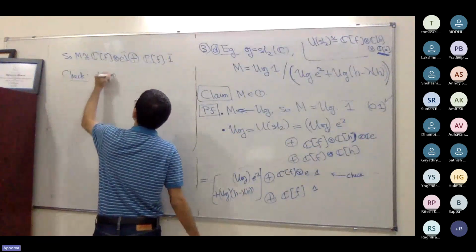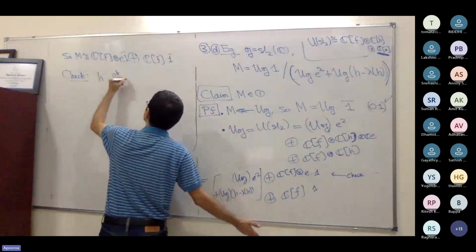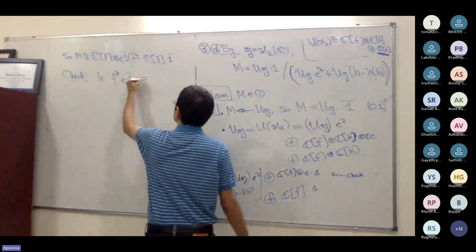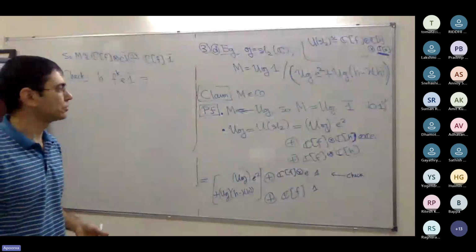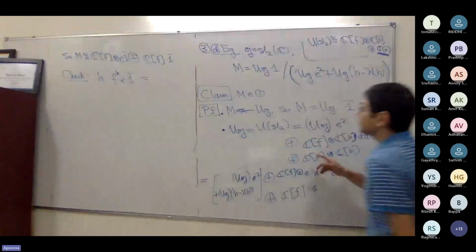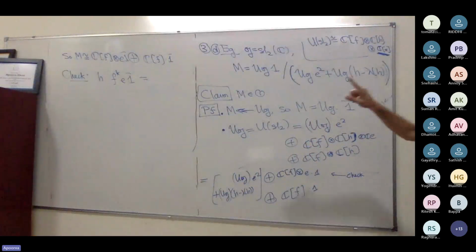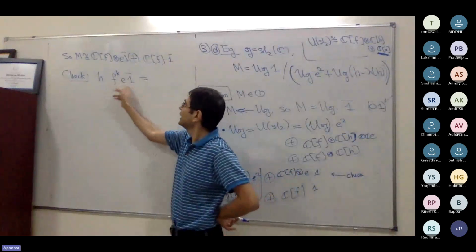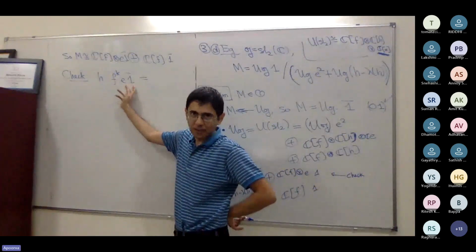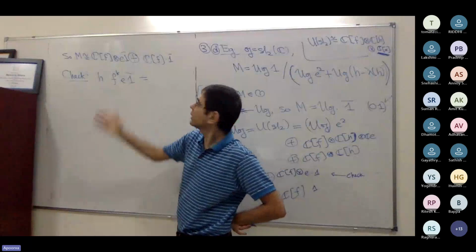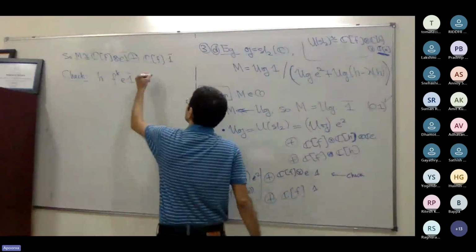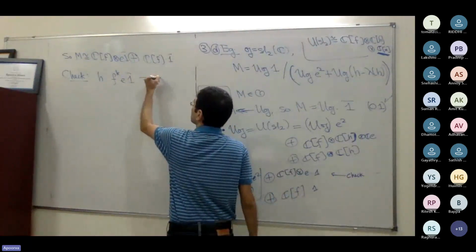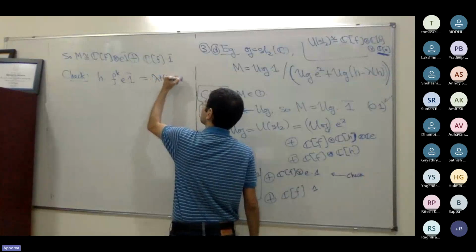If you apply H to, let's say, F power K times E times 1 bar, then you get any guesses? It's going to be easy to guess. When you apply H to 1 bar, you get lambda. When you apply H to E times 1 bar, you get lambda plus alpha, or lambda plus 2 if you want. And then when you apply F power K, you get lambda plus 1 minus K times alpha.